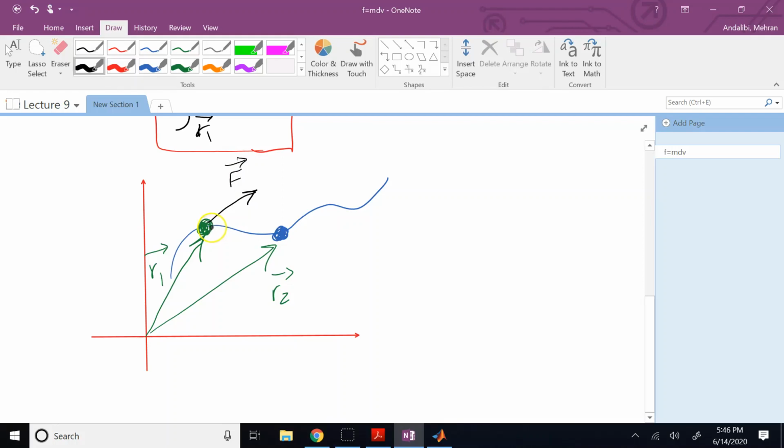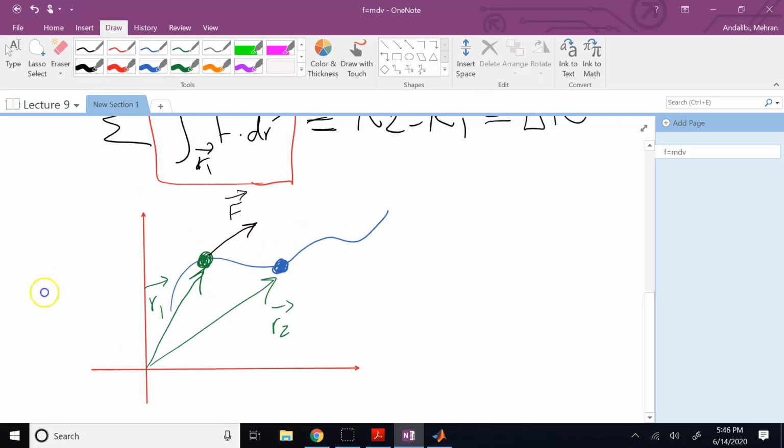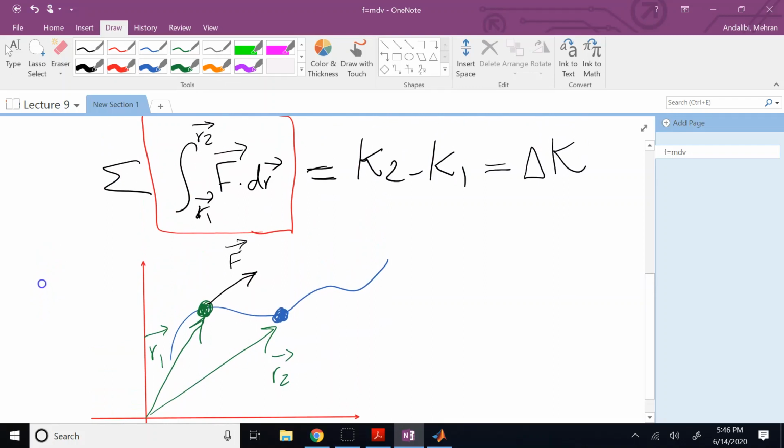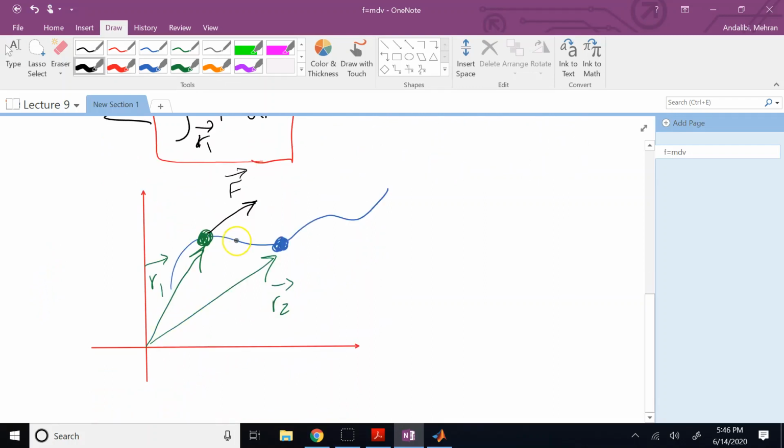So if this particle moves from R1 to R2, this force is acting, and what I'm doing at any arbitrary point on this path is I move the particle a little bit on the path, a very, very small distance, dr, and then get the dot product of F and dr at that point.